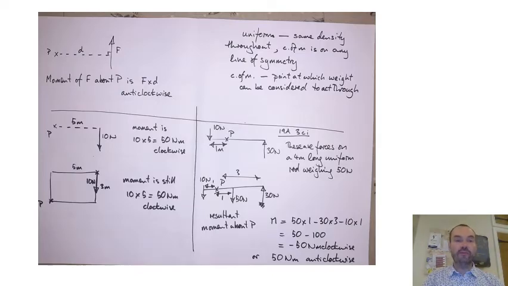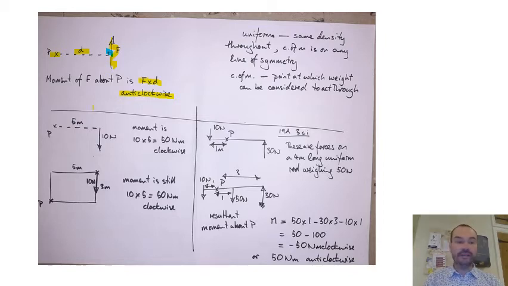If you've got a force acting at that distance and it's at a right angle, which our questions will be, the moment of the force is force times distance, but you have to give a sense to it. So in this case, it's anti-clockwise. That force F around the pivot P acts in an anti-clockwise direction.